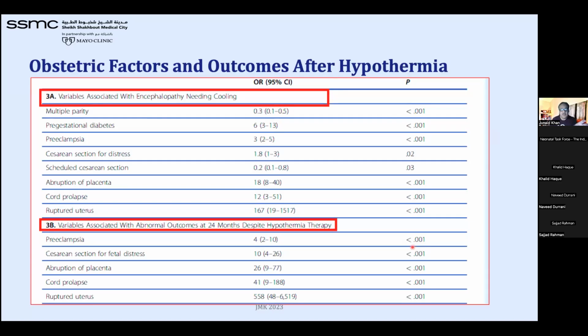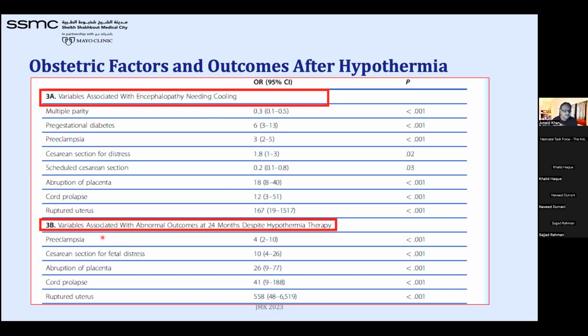So look at the obstetric factors and the outcomes. Variables associated with encephalopathy needing cooling: multiparity, pre-gestational diabetes, pre-eclampsia, both of which we can control. Cesarean section only for distress. Scheduled cesarean section is related to the baby needing cooling later on.